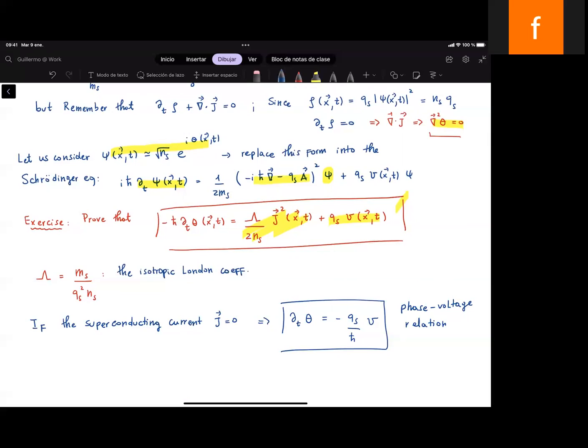What I'll show later is that there is a real phase voltage relation, but the phase is not exactly this phase; it is something called a gauge invariant phase. The gauge invariant phase will be related to the voltage difference between two points in the superconductor.